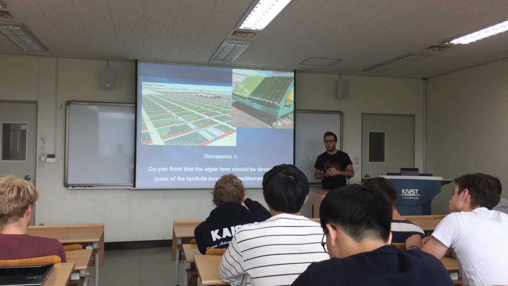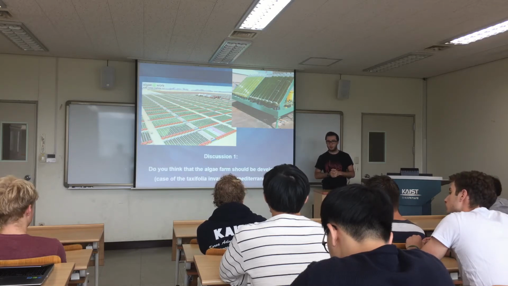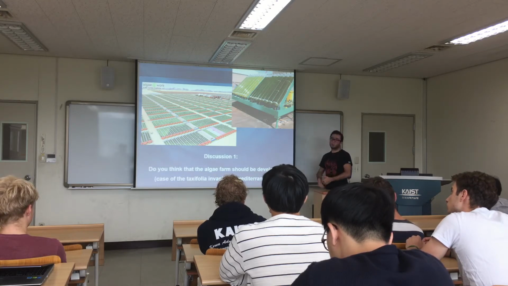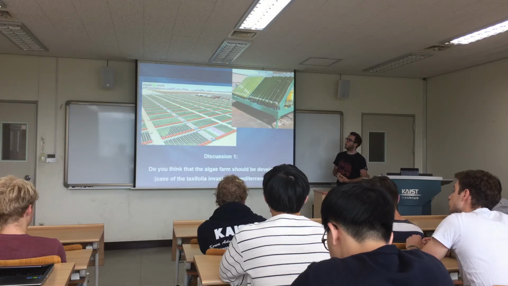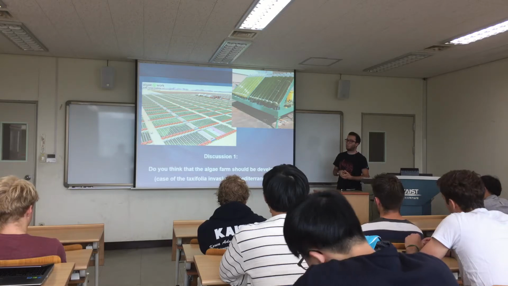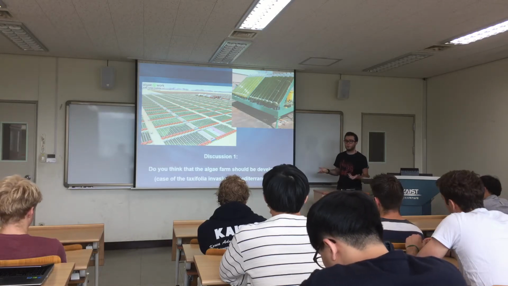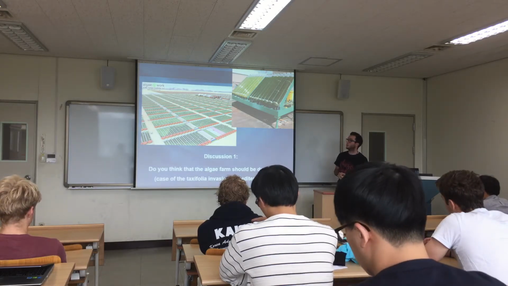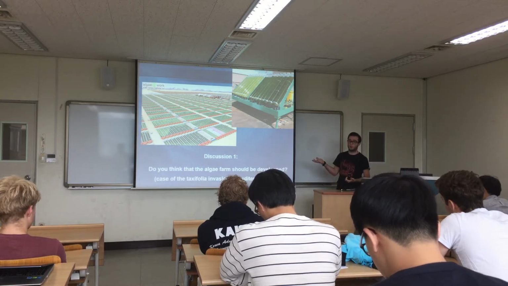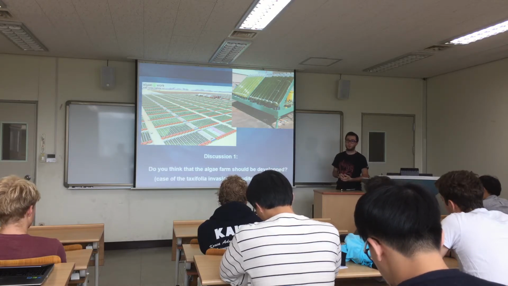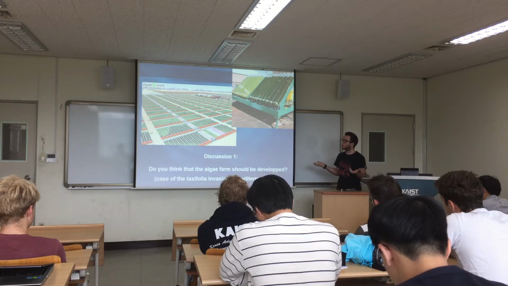Yeah, Bart? The example on land, not in the sea, right? Yeah, just on land. But there are also algae farms in the sea. So I wonder, should we stick to the sea, because those are obviously drawbacks, like land use. We use land to produce algae, which is supposed to be in the water.